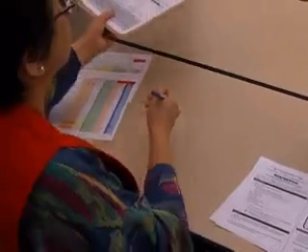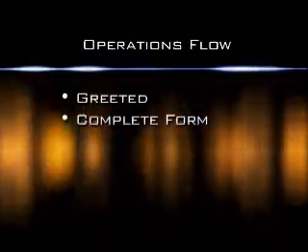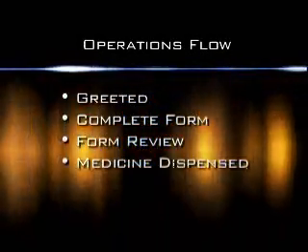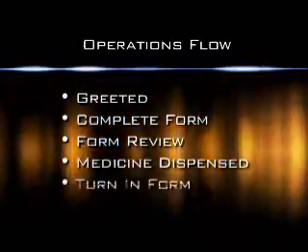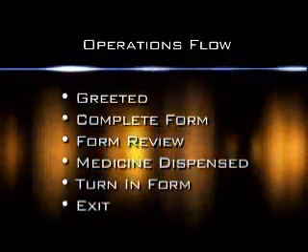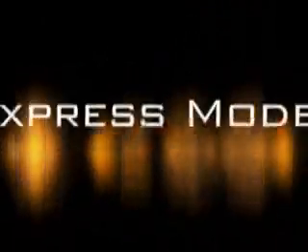This is meant to be a simple process. Clients will be greeted, asked to complete forms, forms will be reviewed, and medicine will be dispensed. Then clients will turn in their forms and exit. I have just described the flow for the majority of the clients at the pod. This is called the express model.